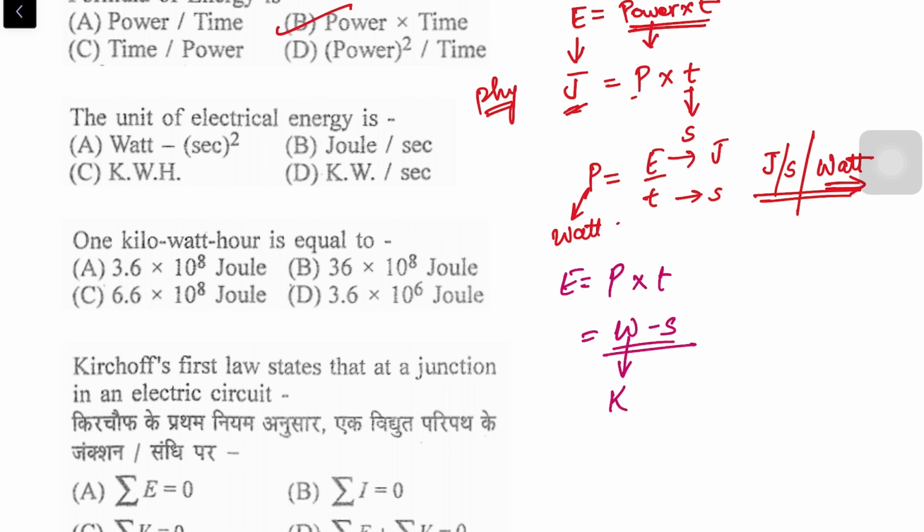So the regular unit of energy for electrical energy measurement, for example, to take your electricity bills, is kilowatt into hour. 1 kilowatt hour is equal to 1 unit of energy, and you will be charged electricity bill for how many units of energy you have consumed, isn't it?